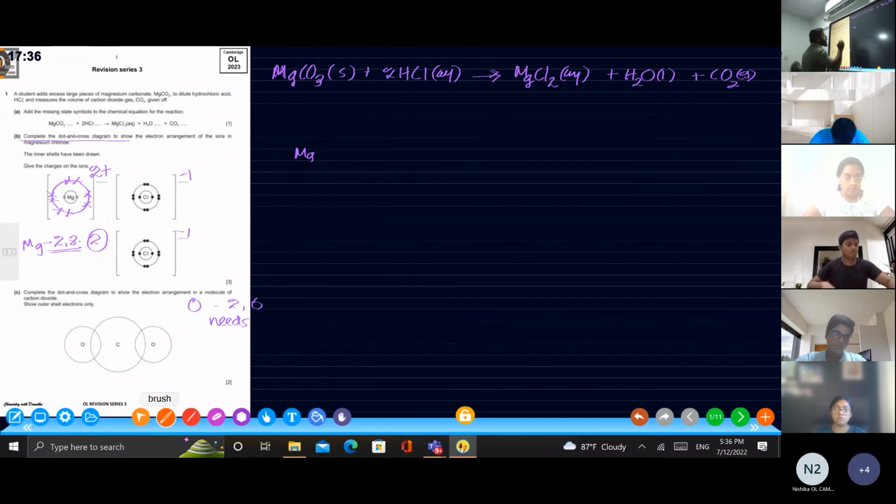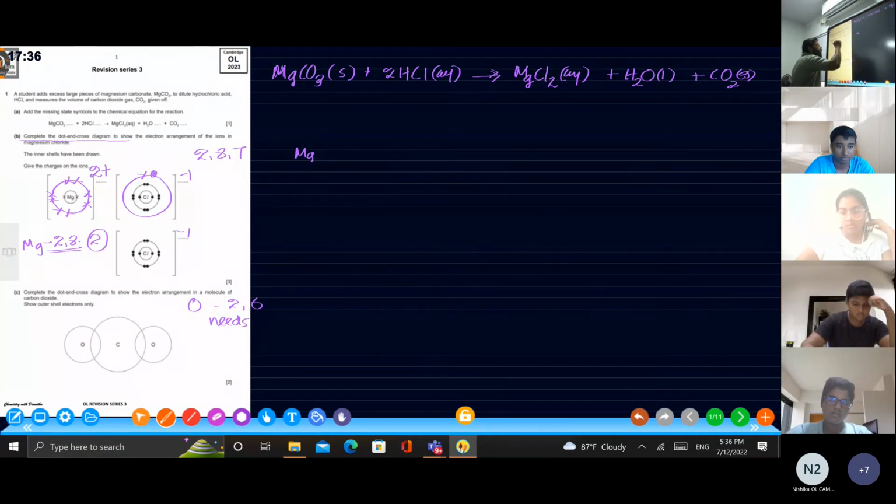Chlorine is 2, 8, 7, right? So it must have gained 1 electron. Then you will get electrons, but I can't use crosses. Why can't I use crosses? Because they have given dots, but I have to use a cross to show the extra electron came from the magnesium atom.